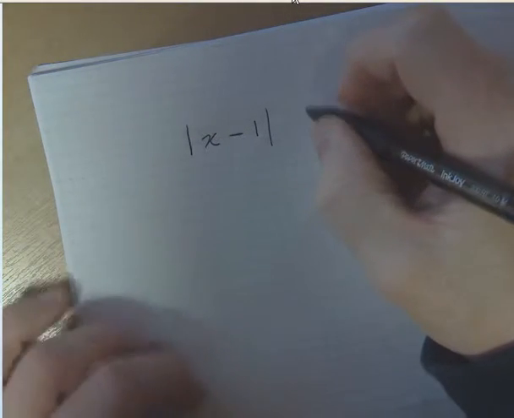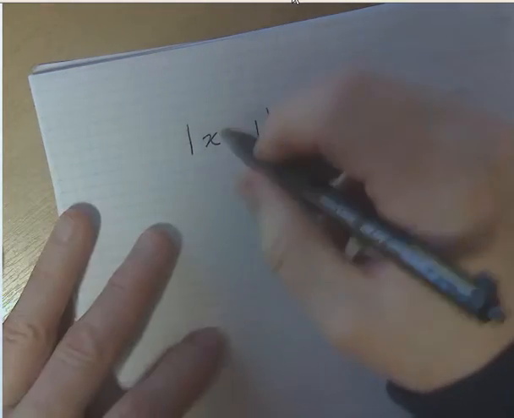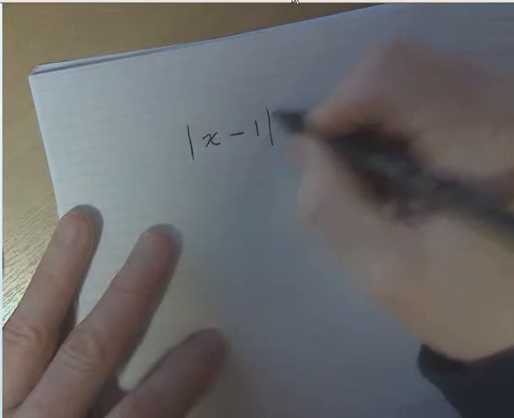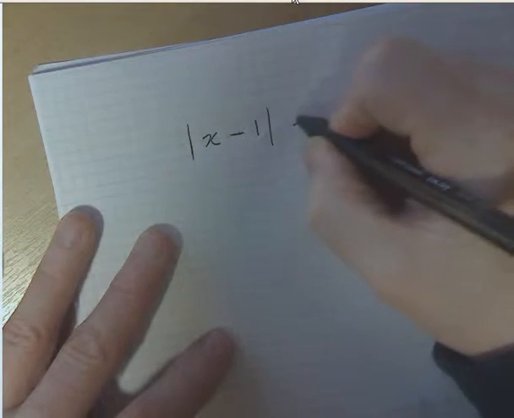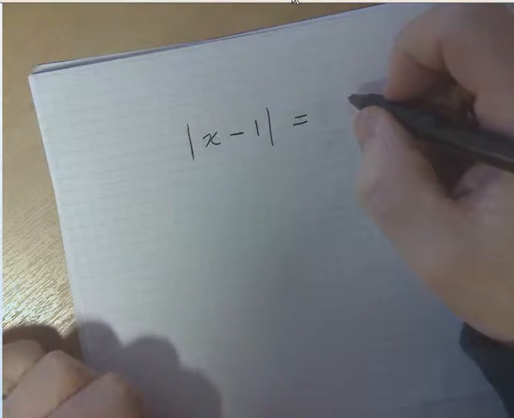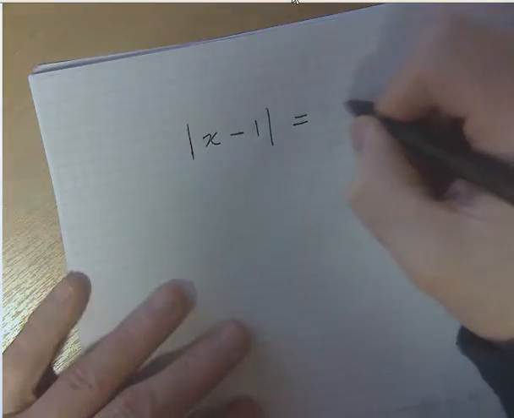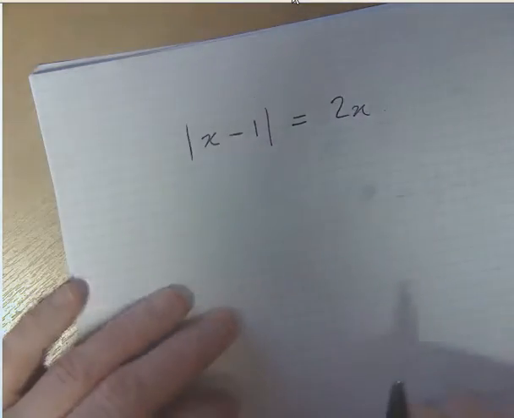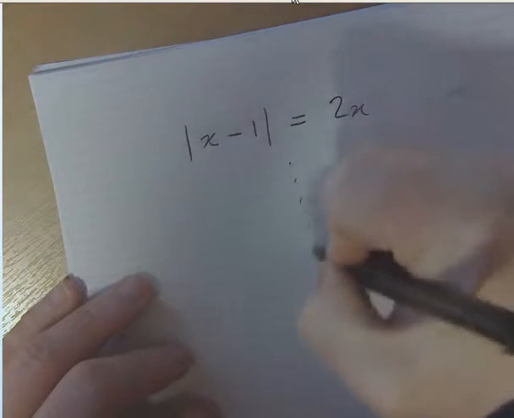So, for example, |x minus 1| equals, let's say, 2x.